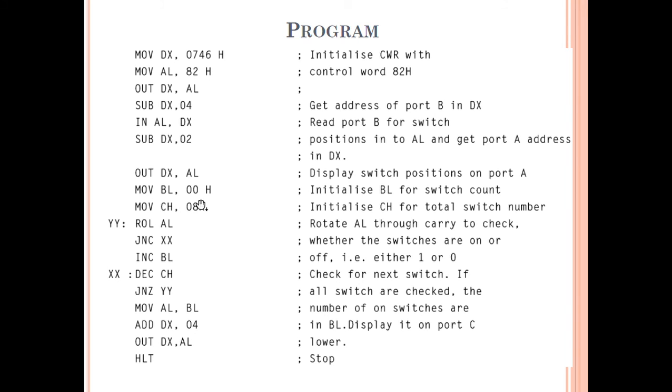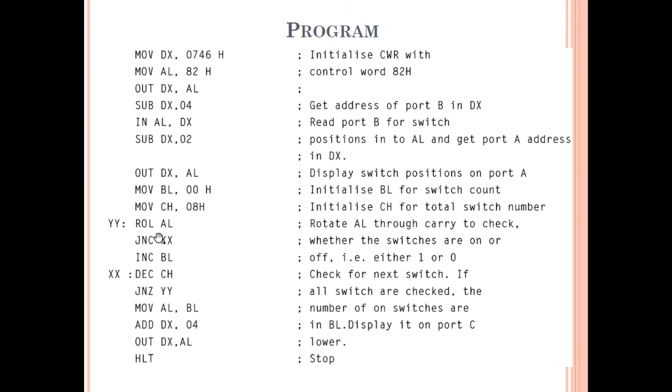MOV BL, 00H, we are using this to count the number of LEDs that are on. MOV CH, 08, because we have to check 8 switches. Then rotate AL. We are rotating left through the carry flag, and then we check the carry flag.